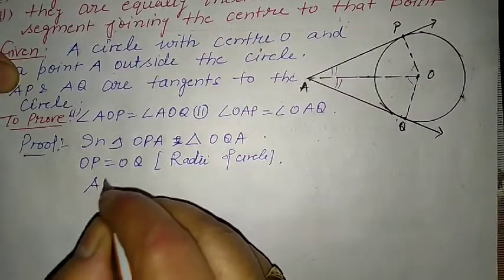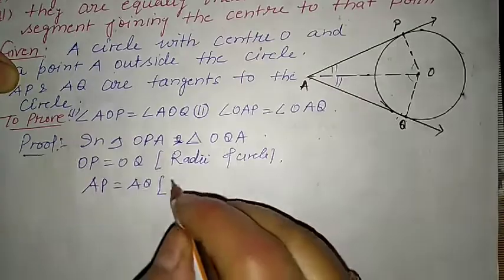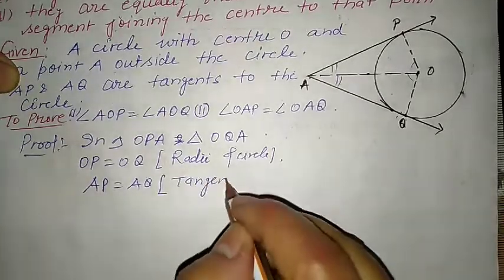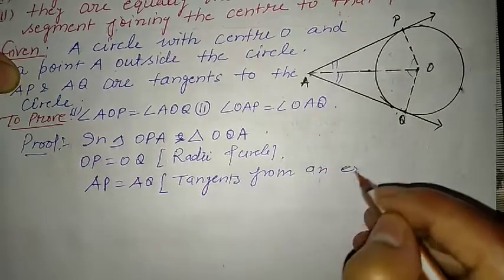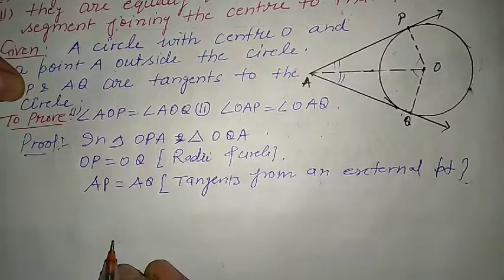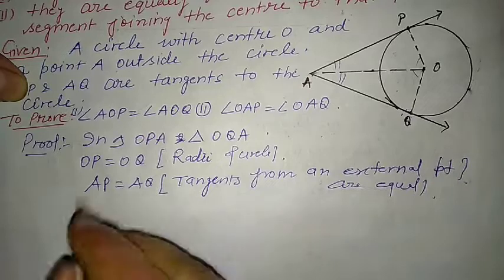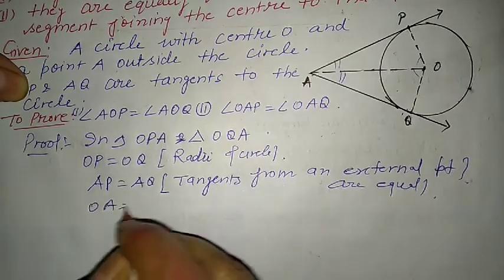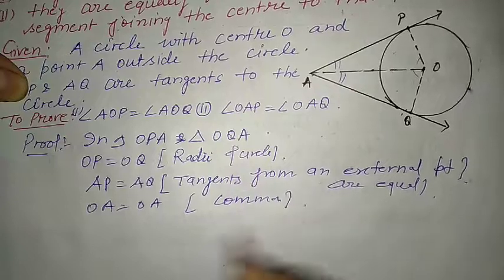AP is equal to AQ. This we have proved, that tangents from an external point are equal. And third is OA is equal to OA. This is common.